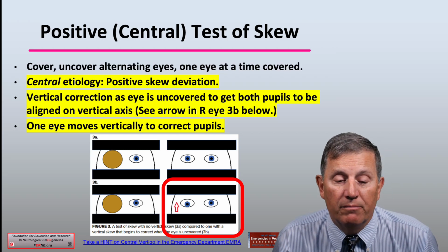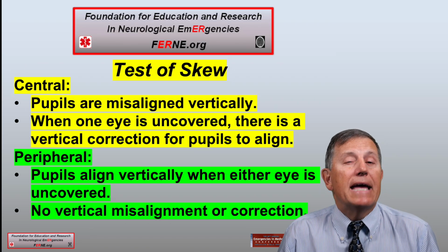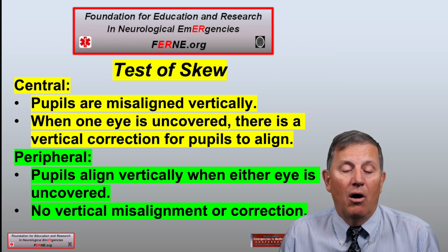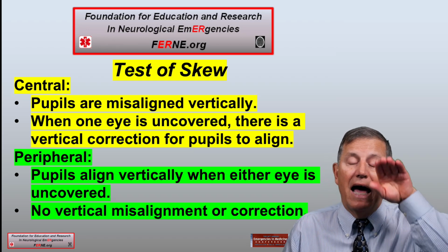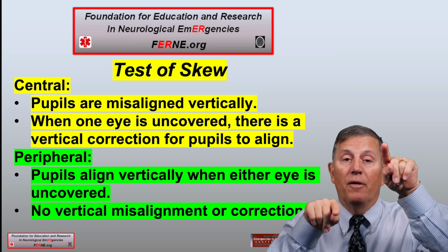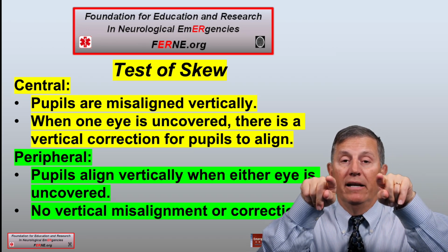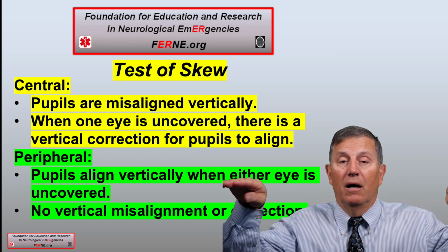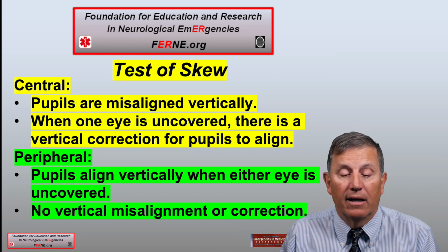So in conclusion, test of skew, a central etiology is where the pupils are misaligned vertically, and when you cover or uncover an eye, the pupils will move in a vertical line to get into alignment horizontally.